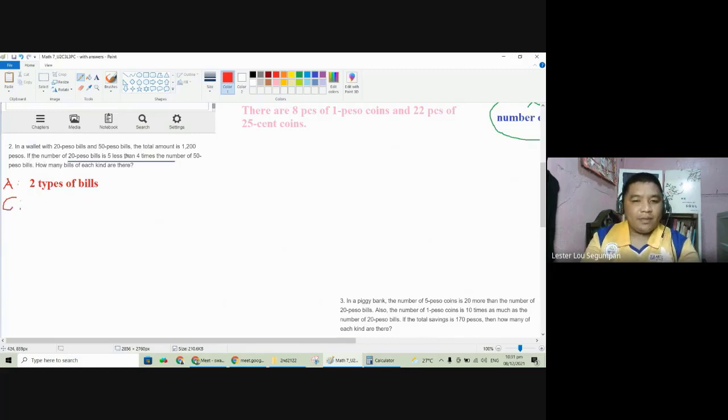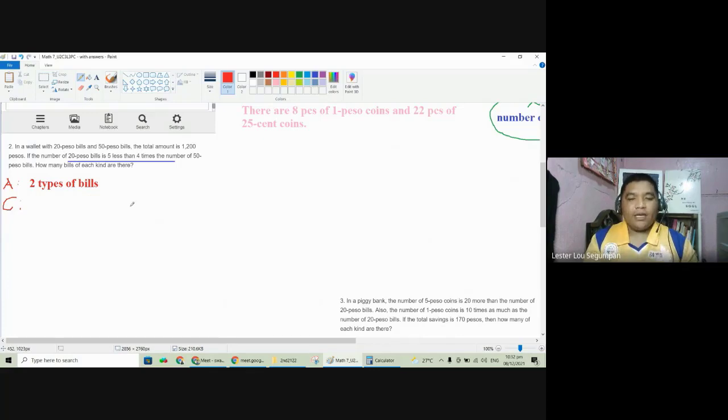Looking at this statement here, we need to decide which type of bill has a lesser number and which has the bigger number of bills. Not the value, but quantity. If the number of 20 peso bills is 5 less than 4 times the number of 50 peso bills, which of the two has a lesser number of bills?